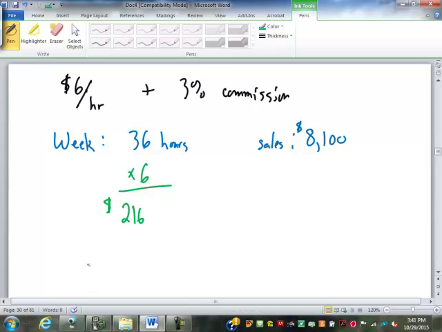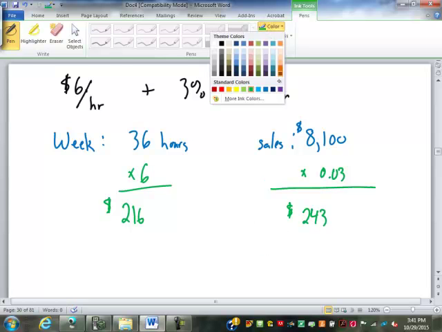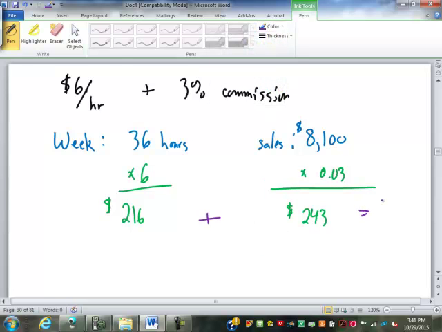Not a terribly promising start, is it? What are we going to do with the sales? Times 0.03, which is going to give us what? $243 in commission. We add those up, we get $459 for the week. Any questions?